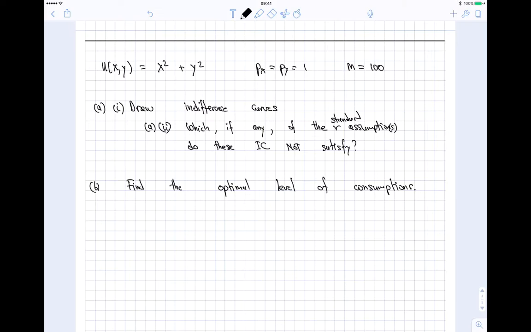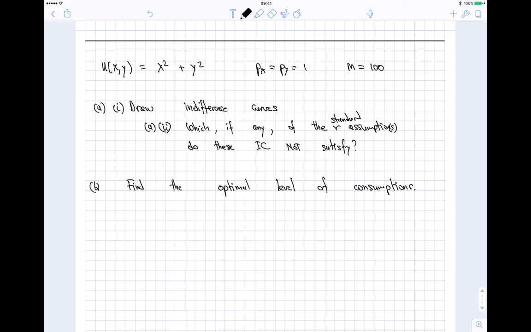Draw the functional form of the indifference curve. Basically, the indifference curve is x squared plus y squared is equal to some constant c. If you rearrange everything, you will have an expression of y as a function of x. That's going to be the functional form in terms of x and y. So rearrange it, x on one side, everything else on the other. See if the way you've drawn it matches that expectation.